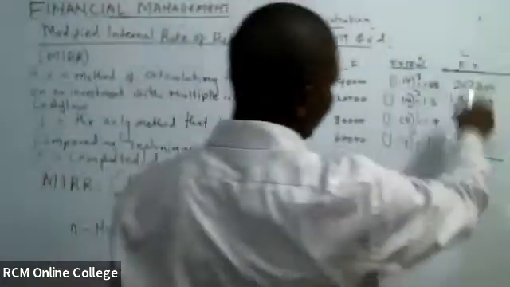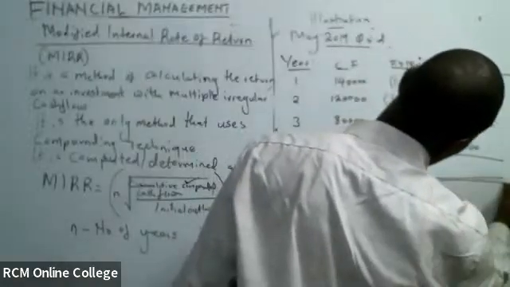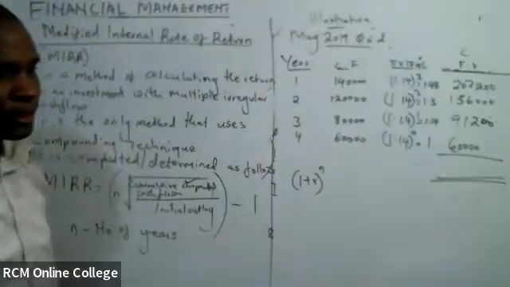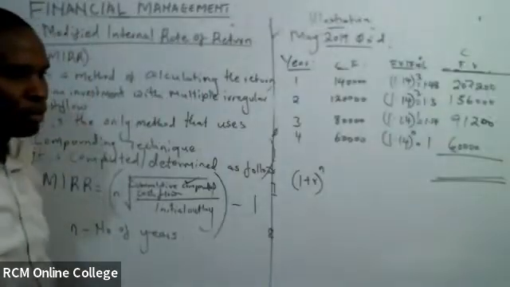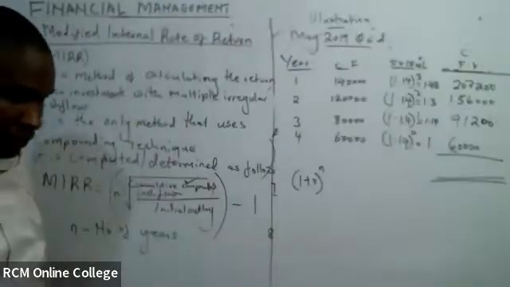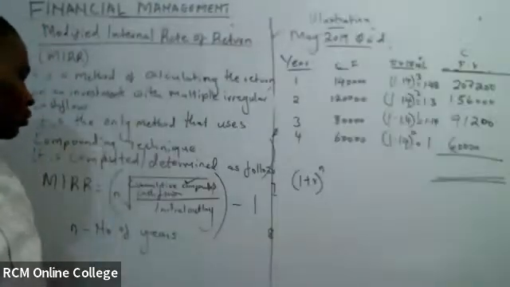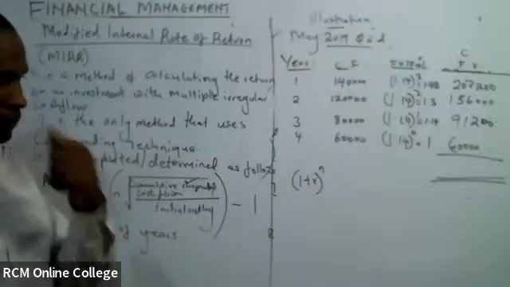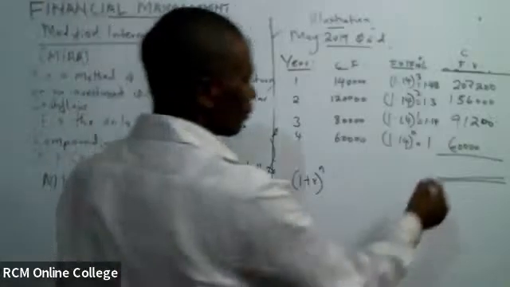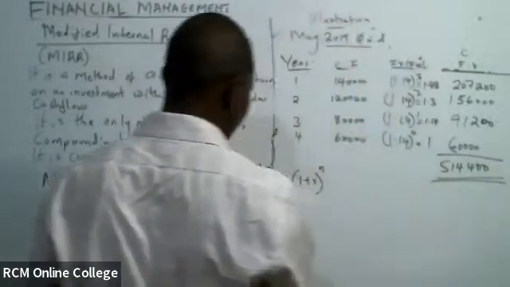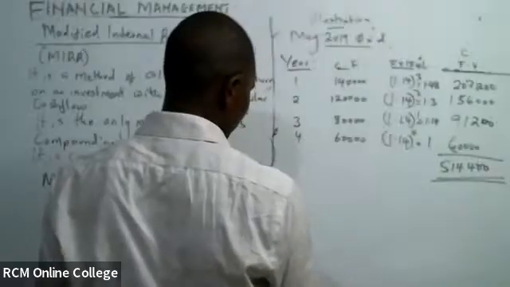You add all of these. What is the cumulative compounded cash flow? Add all of them, the total. Now we come to play with our roots. 514,400. Then I can get my MIRR.